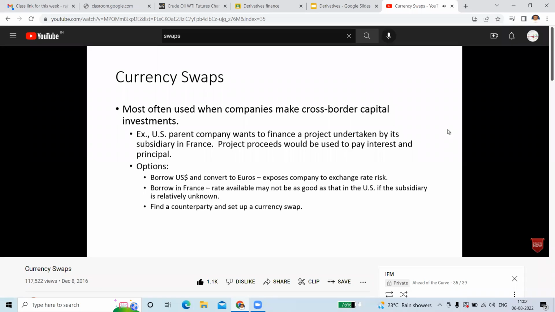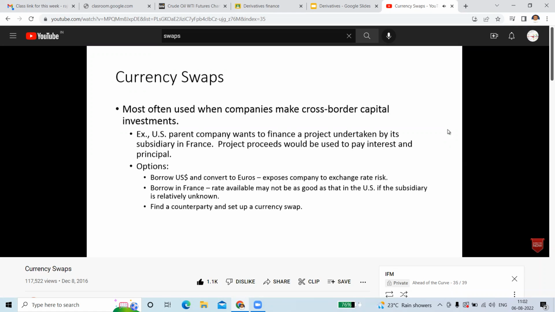Now, currency swaps are most often used when companies make cross-border capital investments. So, for example, a U.S. parent company wants to finance a project undertaken by its subsidiary in France, and they're going to use the project proceeds to pay the interest and the principal. What are their options?